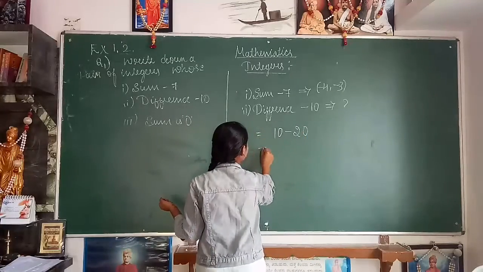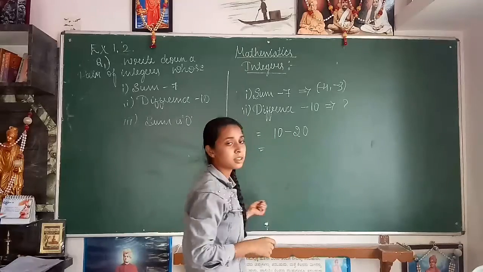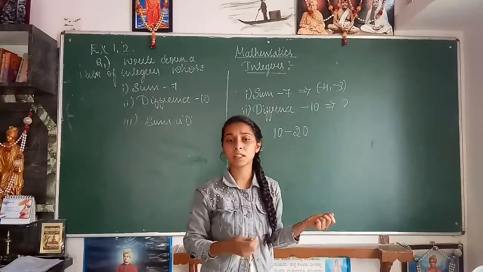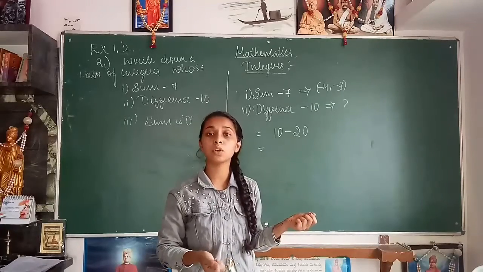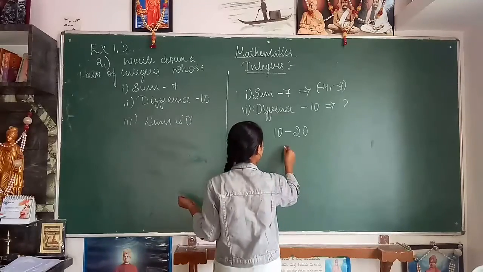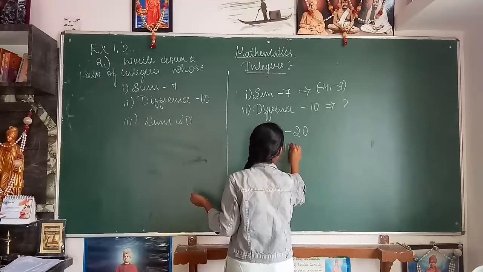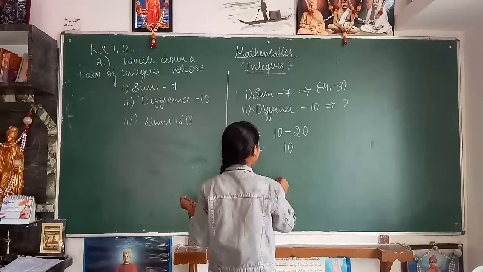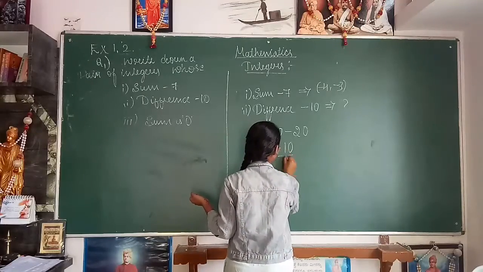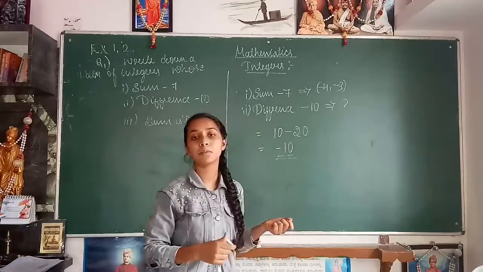So there is a plus and one is a minus. So plus and minus, what do we do? We can subtract both numbers, that is 10. So what is that sign? That is the minus sign. So this is the answer in your second problem.